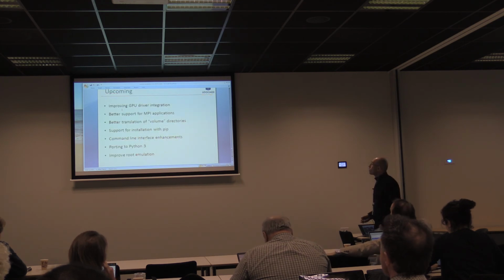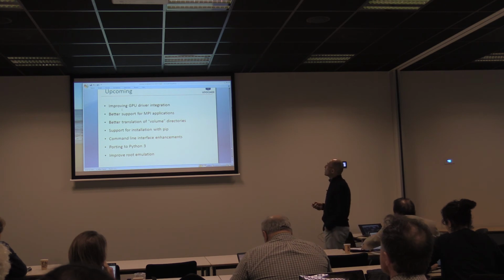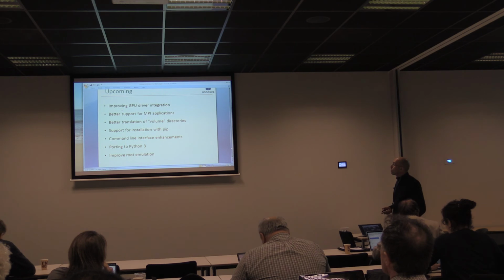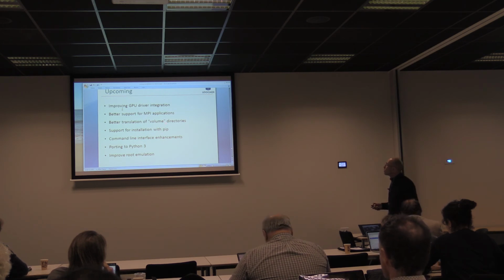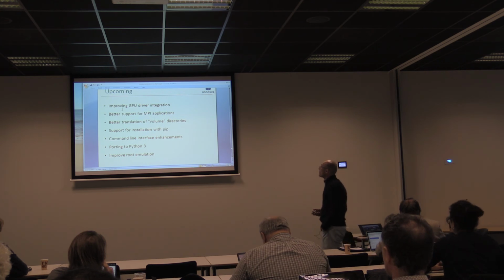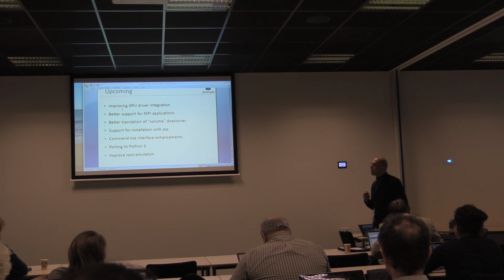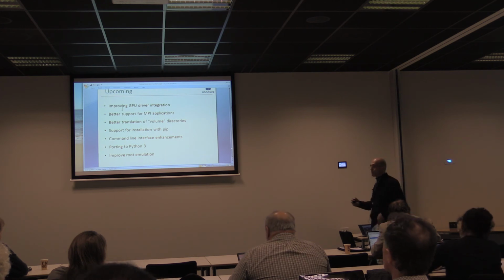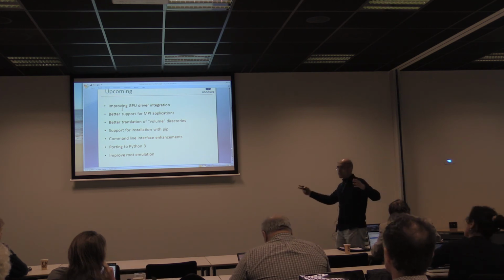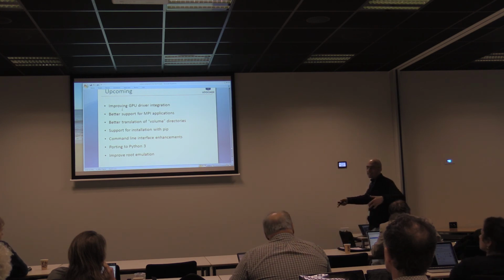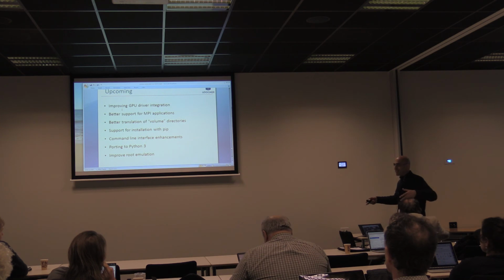So what we are working on is improving the GPU integration. We already have that improved, and we are improving it a bit further. We want to improve the support for running MPI. This is not really a problem with MPI. It's usually related to sockets, and some problems with the paths to get to the sockets, which in Linux are limited to 107 characters, which is not very nice.